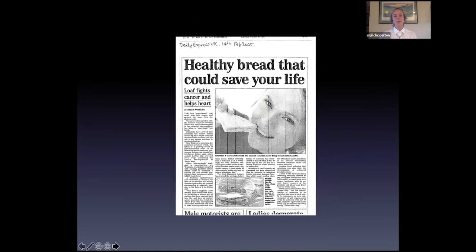Okay, so this gets us to the last part of this, which is ultimately about consumers. We need to sell our products. We grow food. As farmers, we grow food, and the food needs to be good for people. It can't just be a whole bunch of calories.